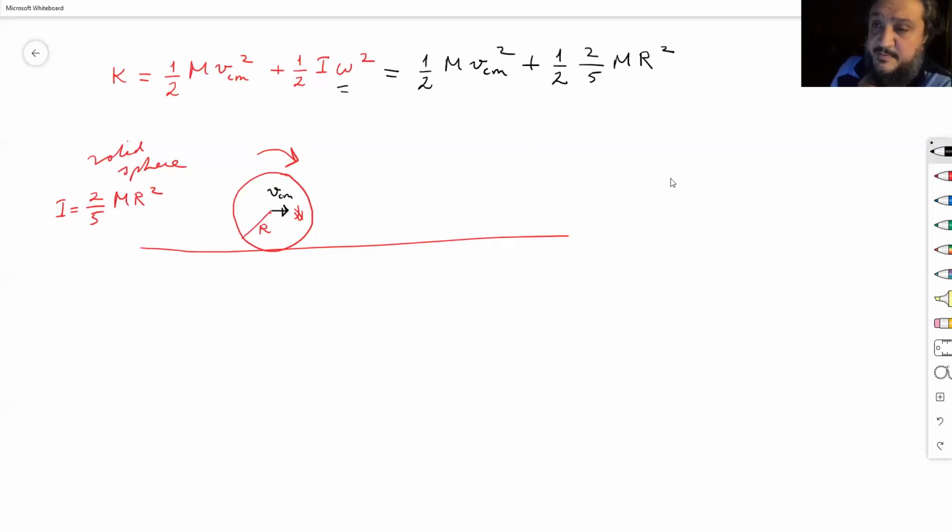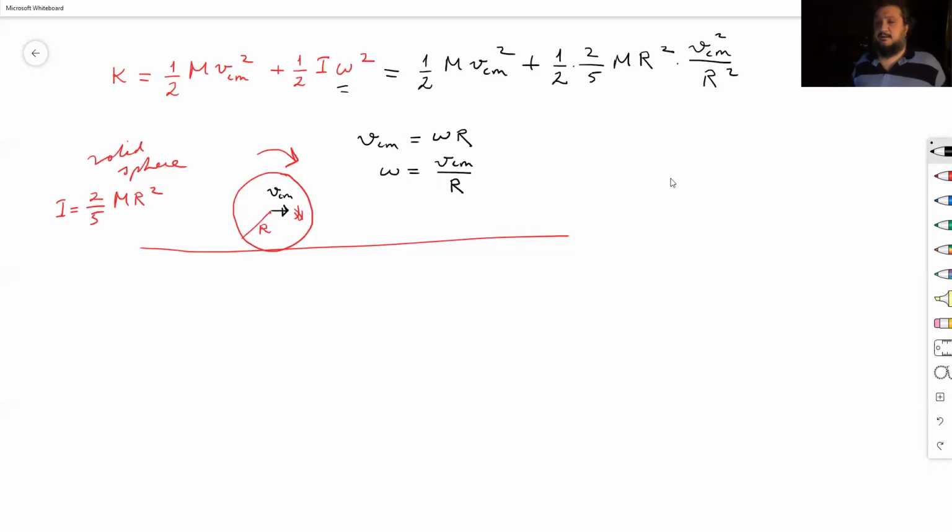But remember from the previous slide, v of the center of mass is equal to omega times r. Therefore, omega is equal to v center of mass divided by r. So 1/2 times 2/5 m r squared times omega squared, which is v center of mass squared divided by r squared. Now what happens to the r squareds? They go away.